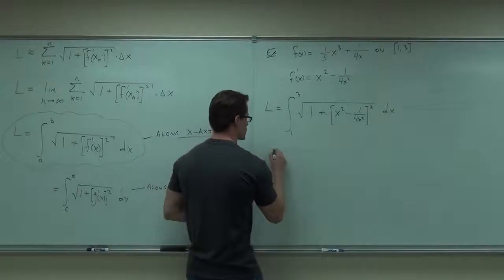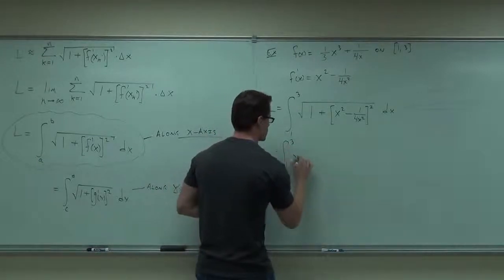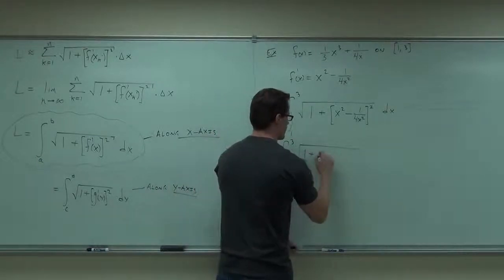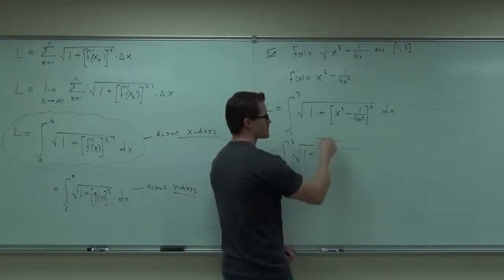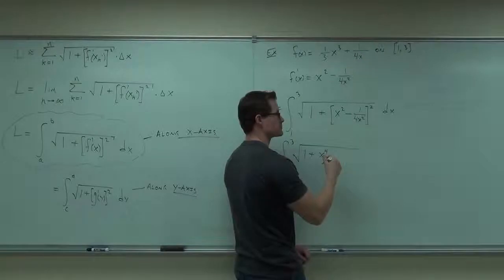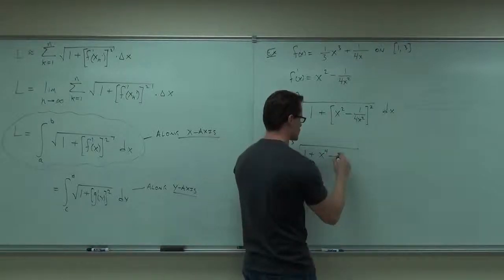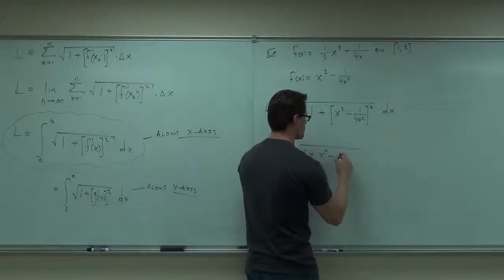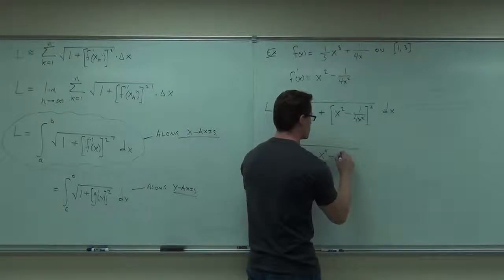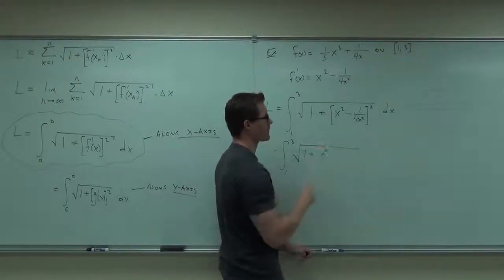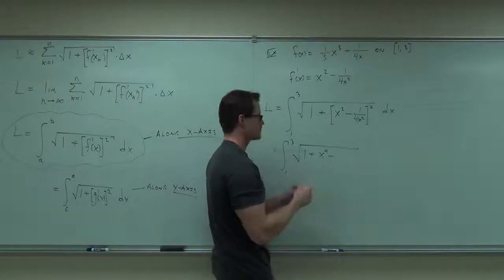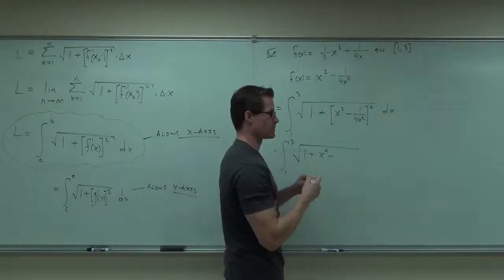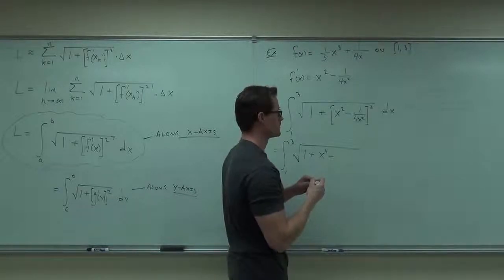What you're going to get is x to the 4th minus 1/2 x squared. No, I'm sorry, I need to work it out. I can't do that one in my head. 1/16 minus x to the 4th minus 1/16, or not minus, yeah.